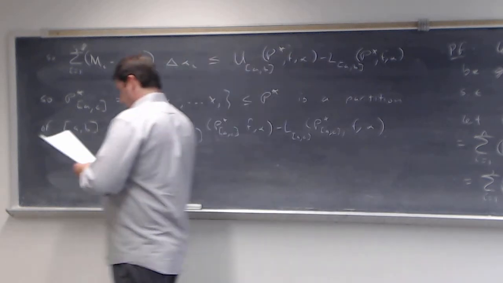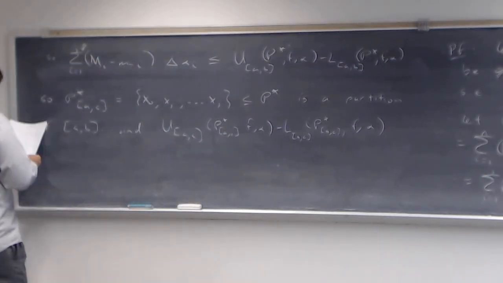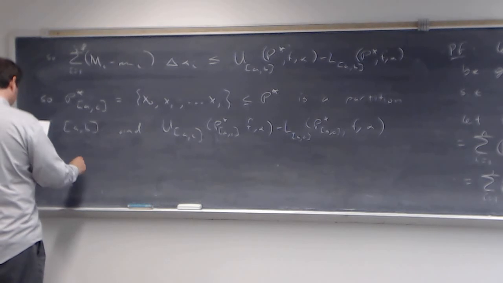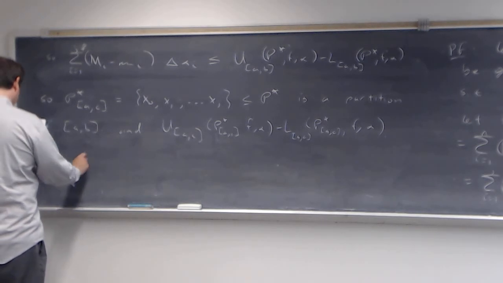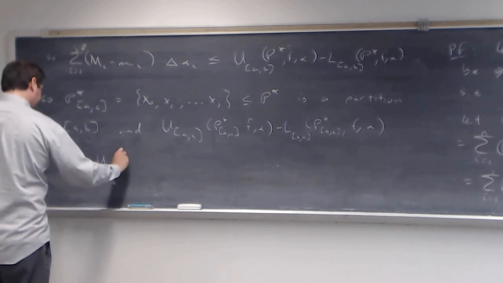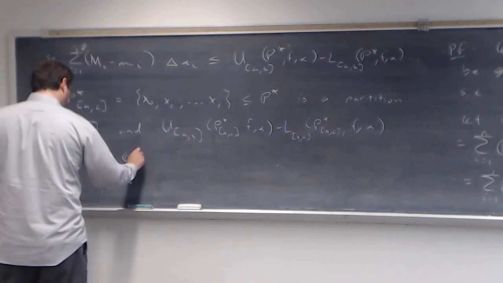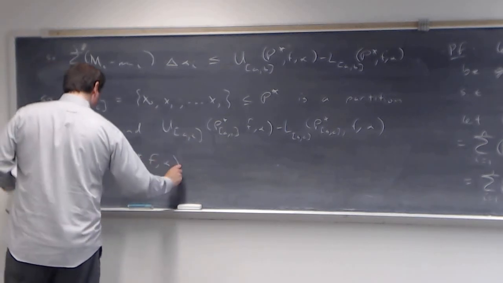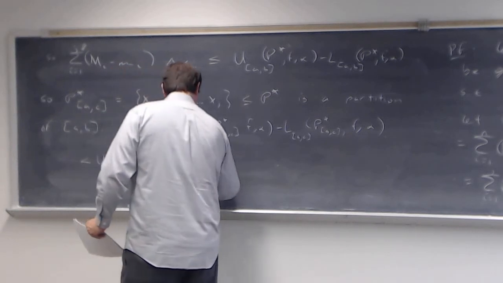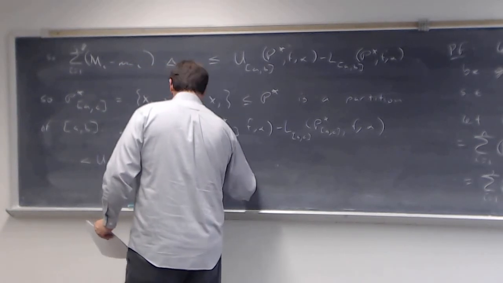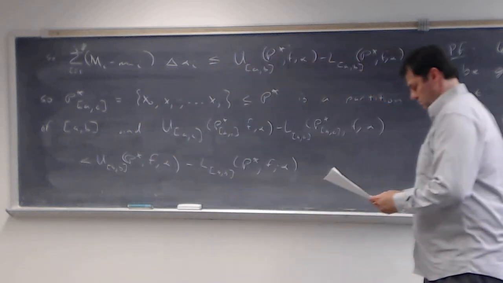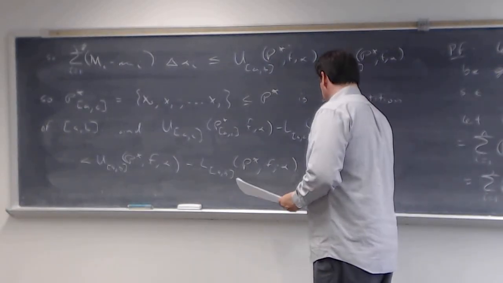So if you look at this, okay, that's going to be less than the upper sum over A to B of P star F alpha minus the lower sum from A to B, P star F alpha, which of course is less than that sum.